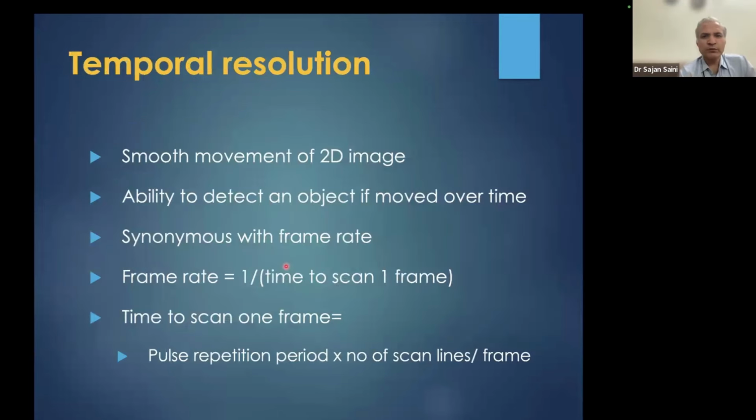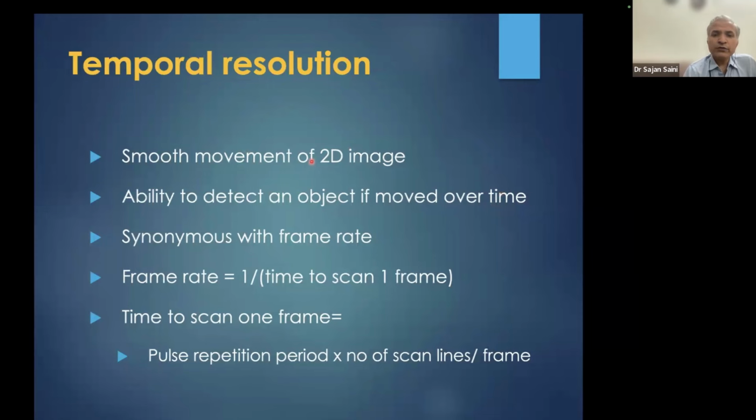The third is the temporal resolution. And as I said, it is the ability of the machine to detect the object if it is moving over time. So suppose an object is moved from area A to area B, the ability of the machine to detect this motion of the object is the temporal resolution.